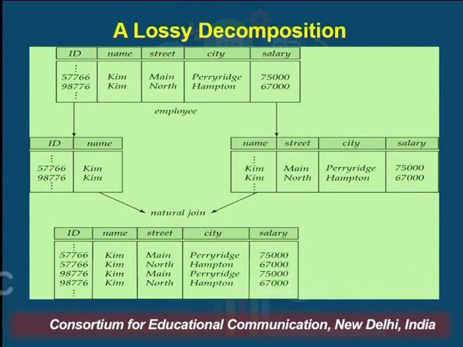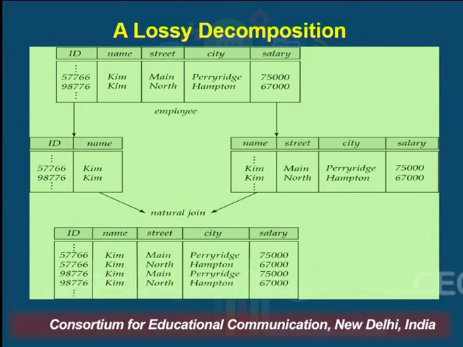The second row, which follows immediately, is 57766, the name is Kim, the street here is North, the city is Hampton, and the salary is 67,000. There is one record, yes, which is placed in the original one, but that is not having the ID 57766.